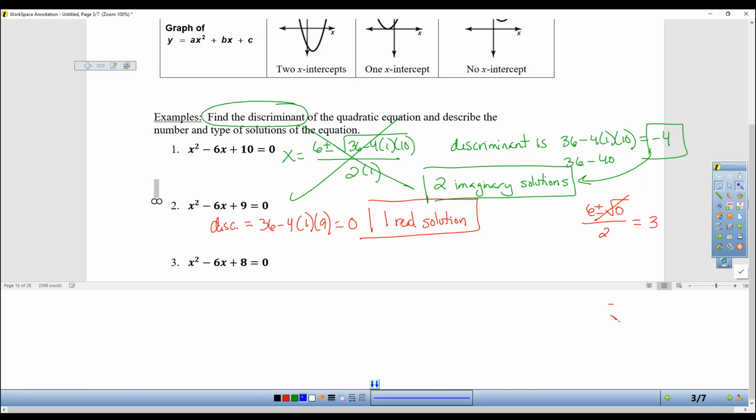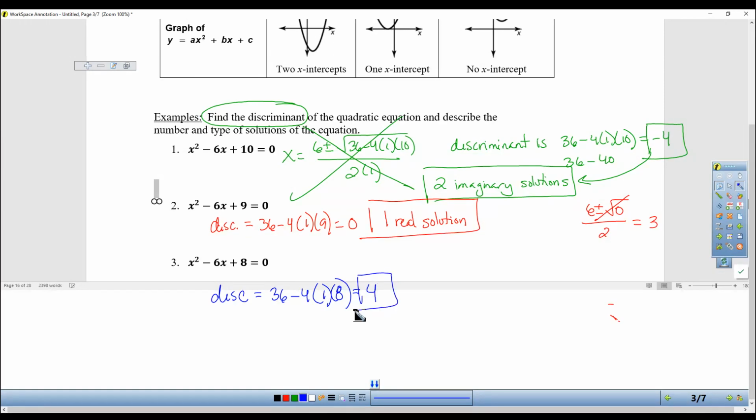And last one, the discriminant is equal to b squared minus 4ac. Notice the numbers are really close, 10, 9, 8. And yet that little bit of a change really changes things. Now 36 minus 32 is 4.